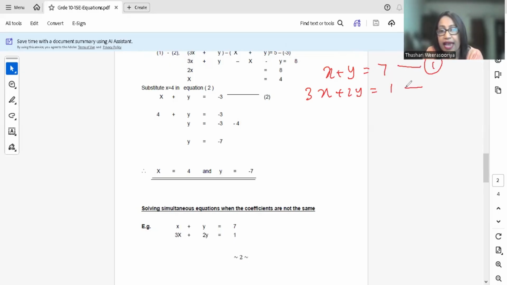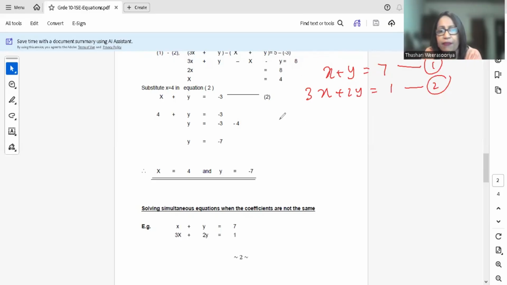What is the first step, as in the earlier example? Number the equations and check the equal coefficients. For x, 1 and 3; for y, 1 and 2. No equal coefficients. That's the difference in grade 10. When you don't have equal coefficients, you have to make them equal.